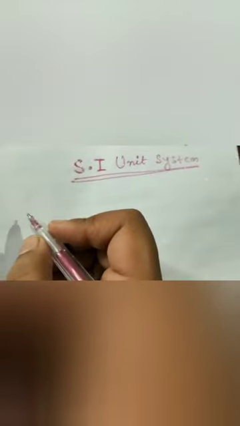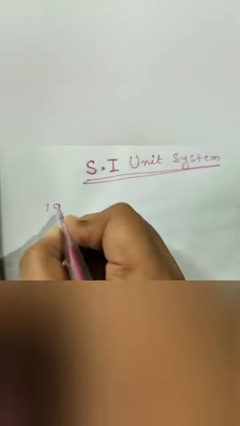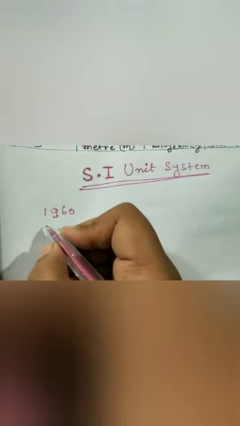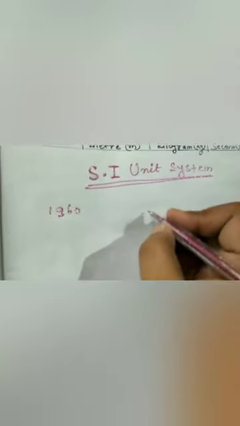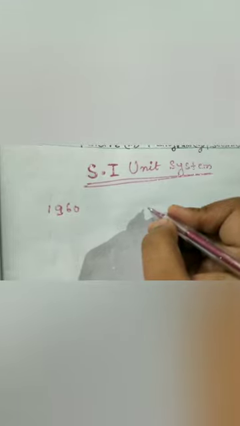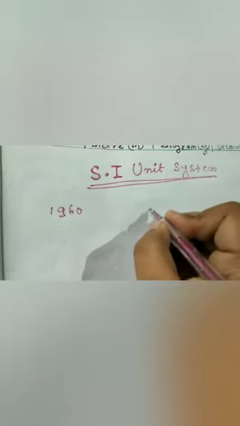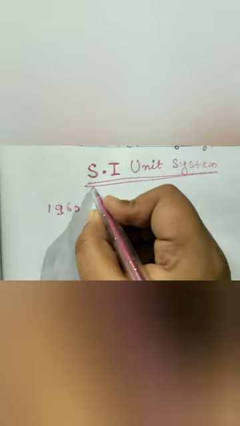To avoid the confusion and the inconvenience, in the year 1960, the General Conference of Weights and Measures introduced a unit system known as the SI unit system.